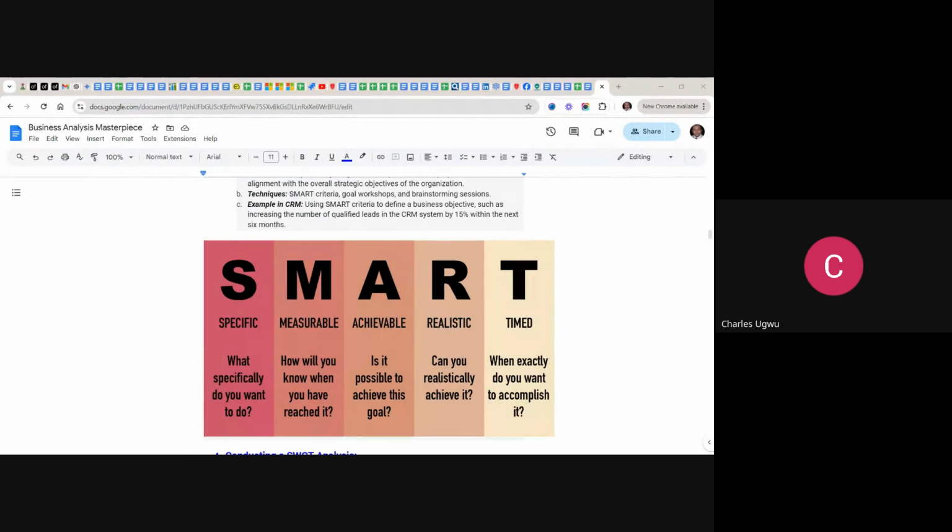If you are a driver, if you have a car, do you have fuel in your car? If you don't have fuel, do you have enough money to fuel your car? If you don't have a car, did you withdraw the money for your transportation? These are things that will make it achievable. If you don't have a budget for this, maybe you are hoping to borrow money.